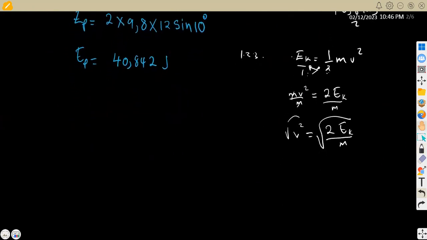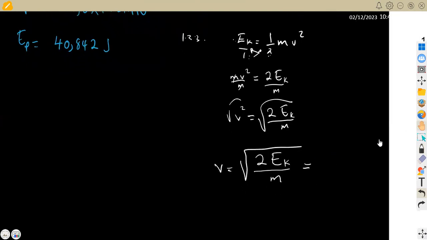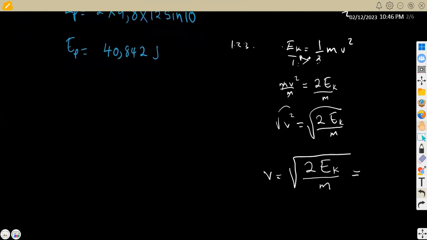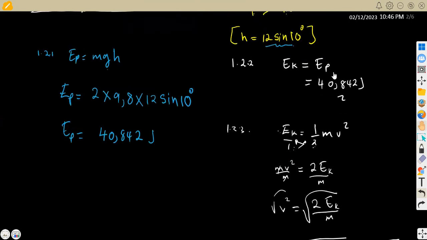That means the formula for v is going to be the square root of 2 times the kinetic energy over the mass. We can simply substitute because we have these values here. So we have the square root of 2 times the kinetic energy, which we said is equivalent to the potential energy of 40.842.